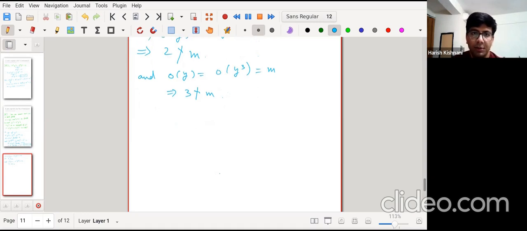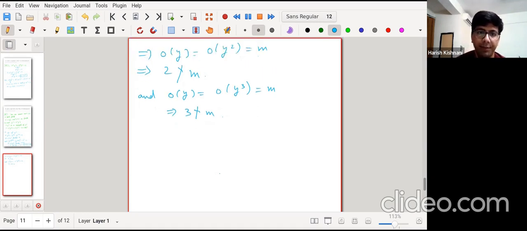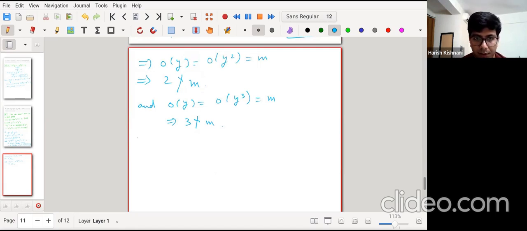Now, if you take any prime, this Z as a group is generated by 2 comma 3. Just a minute.